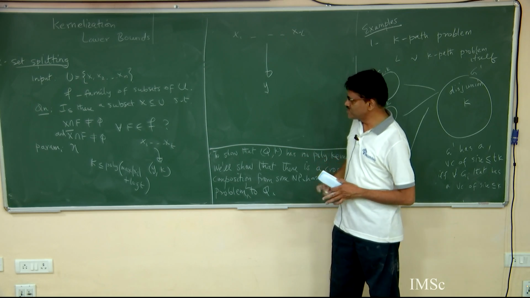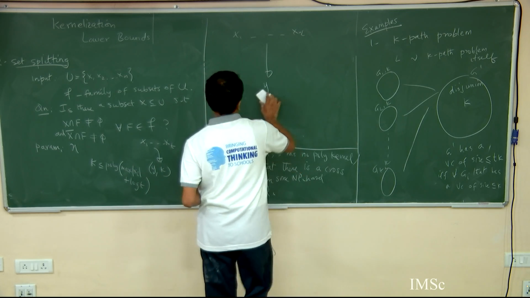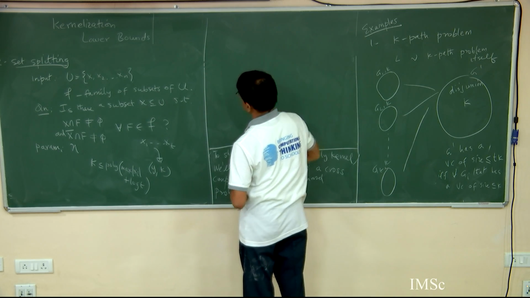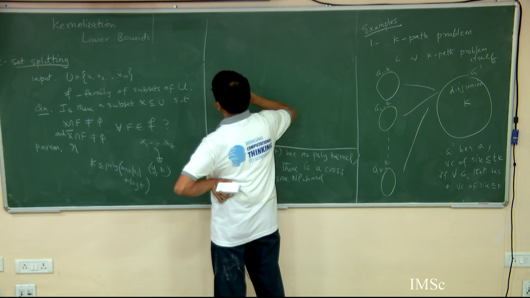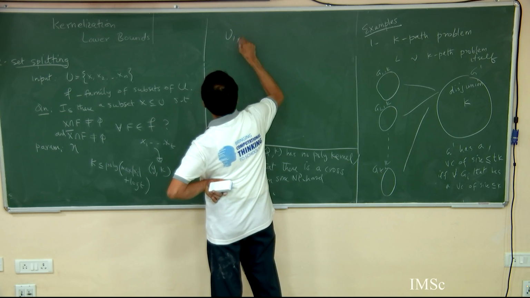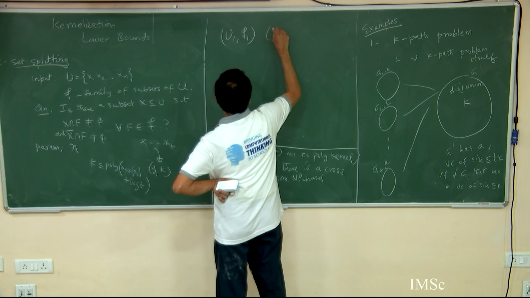Okay. So, let me just give a high level overview of how this compression, or cross composition, goes. So, we start with t instances.